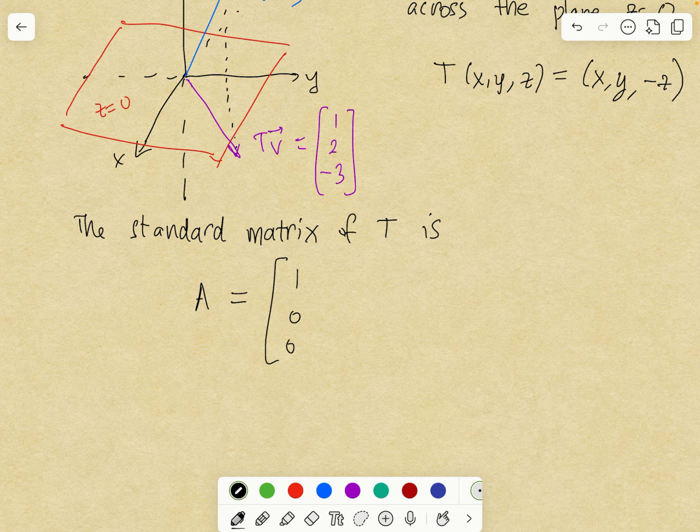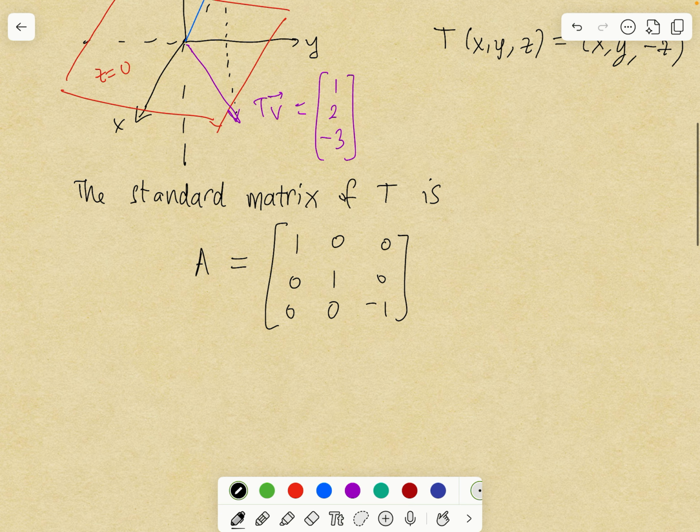It's going to take 0, 1, 0 to 0, 1, 0. It's going to take 0, 0, 1 to 0, 0, negative 1. Right? That's the standard matrix of T. And you can check that if you take A and multiply it by xyz, you will in fact get x, y, negative z. So this is a very simple matrix to work with.